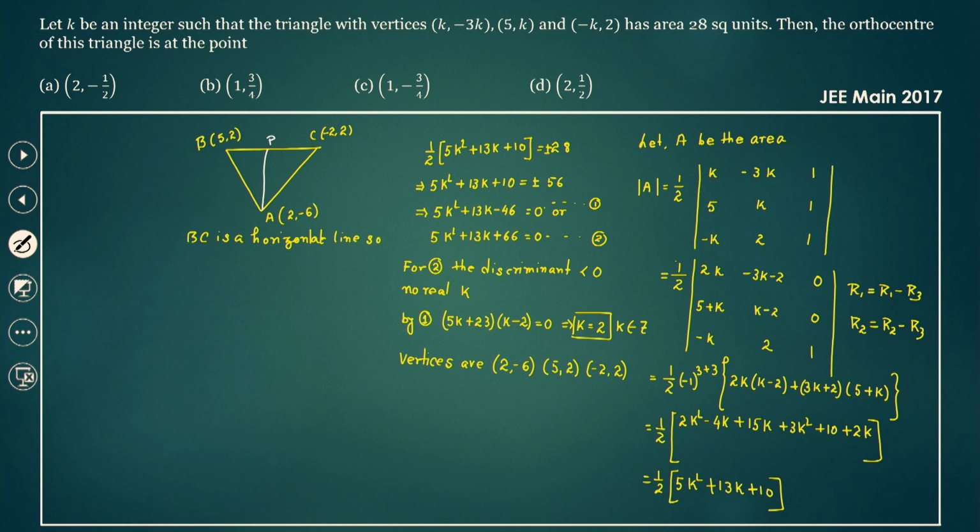So AP, being perpendicular, is parallel to the y-axis, passing through 2, minus 6. So therefore the equation of the line AP is definitely x equal to 2. That gives my orthocenter x coordinate.